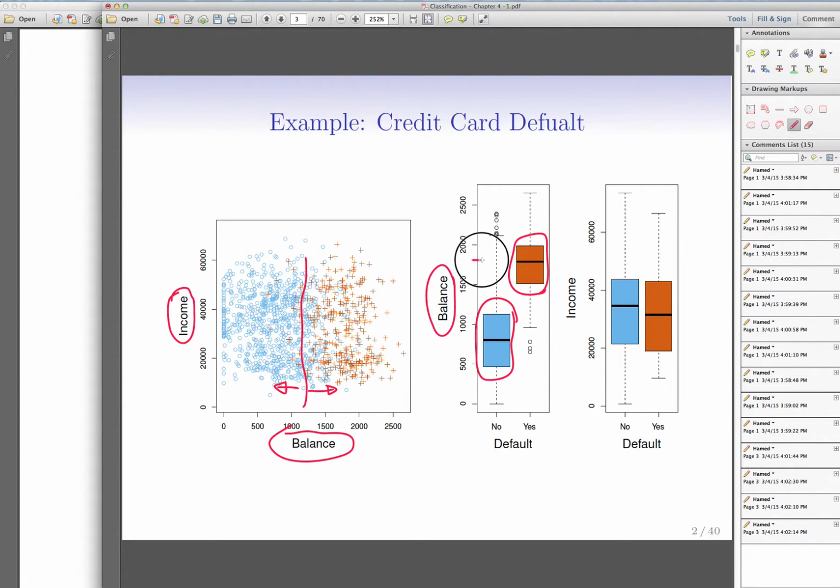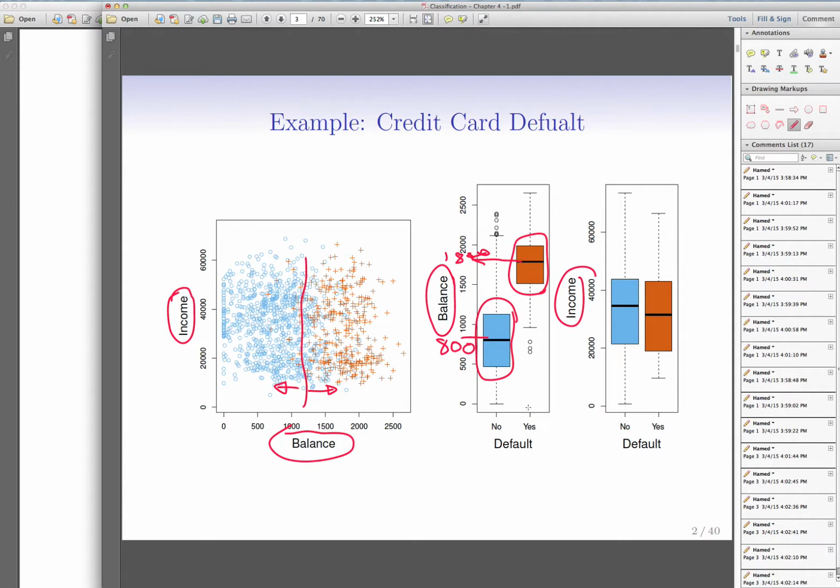Usually, if your balance is around, let's say, 1800, you're more likely to default, and if your balance is less than 1000, let's say around 800, you're less likely to default. And if we look at the income level, we see there is not that much significant effect for income. So it sounds like balance is more significant in this case.